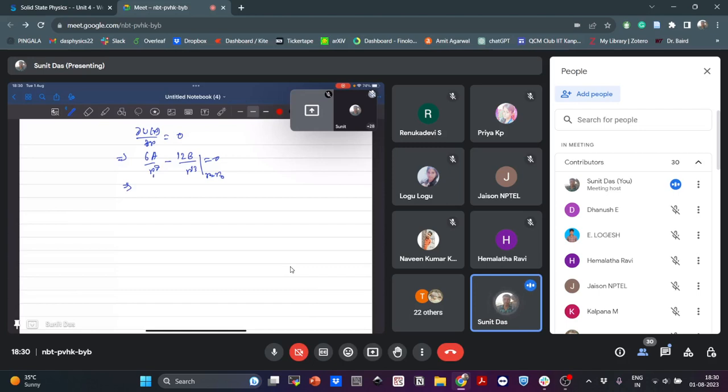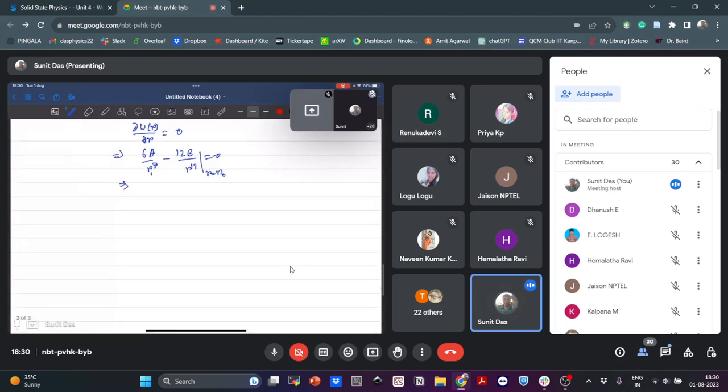Then r naught to the power 6 will be 2b by a.